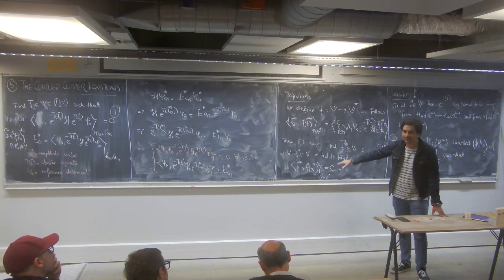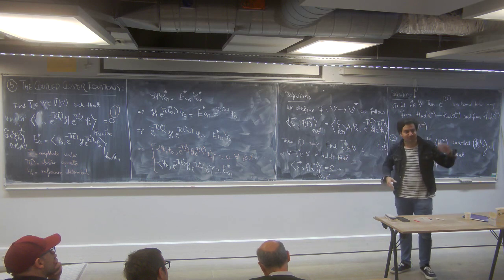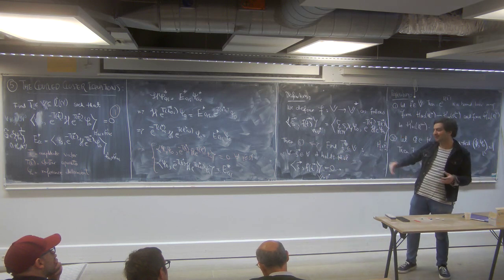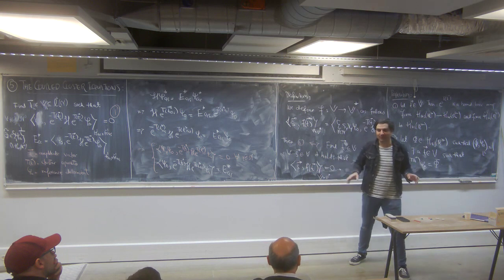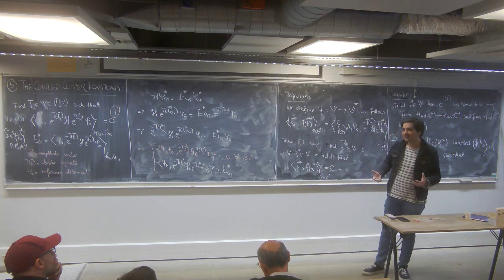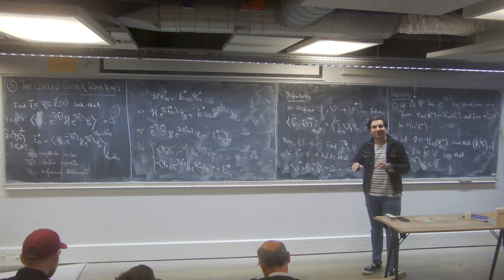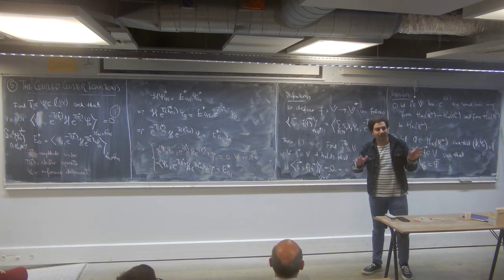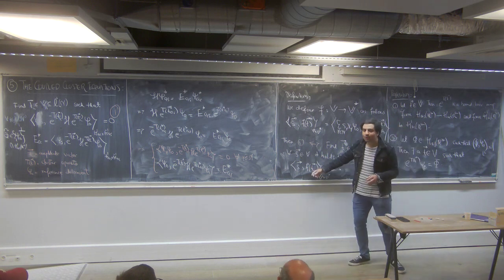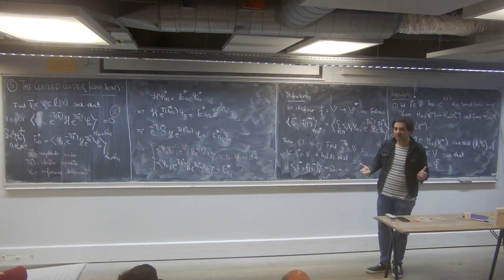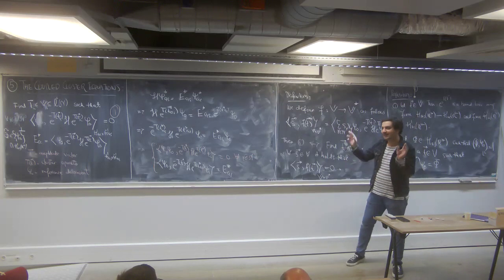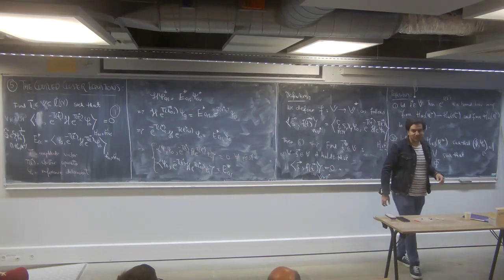You completely destroy the nice structure, the nice correspondence between the eigenfunctions of the exact Hamiltonian and the zeros of this guy when you do the truncation. So this doesn't work. All we can say is that if the truncation is rich enough, meaning that you truncate high enough, you have enough orbitals, etc., then there will exist a ground state 0, and this will converge to the exact 0 of the continuous coupled cluster equations.